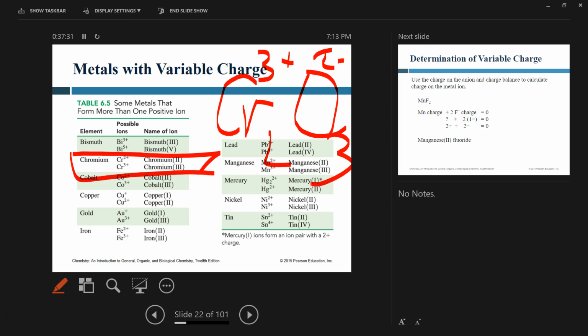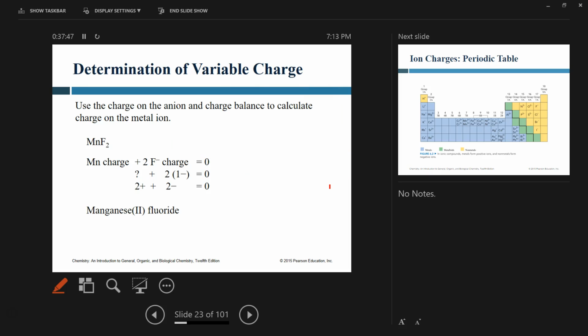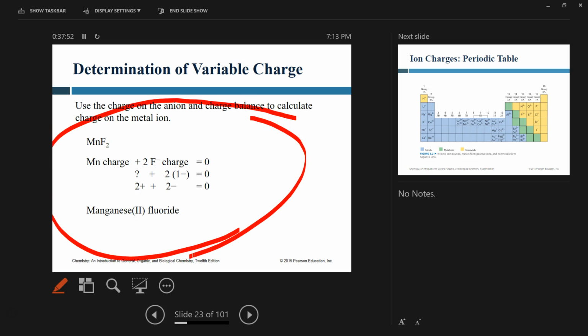This is just to give you a variety of numbers. Like for manganese, the favorite story. I'm going to tell you that little story closer to the end.